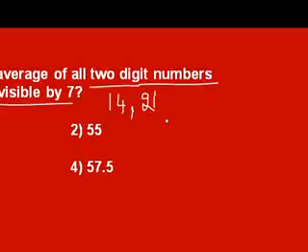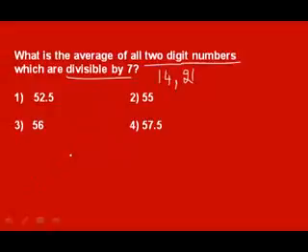Now let us calculate the last number. Now there is an easy way to do that. The last 2-digit number would be 99. So what we have to do is, we just have to divide 99 by 7 and see what remainder we are getting.